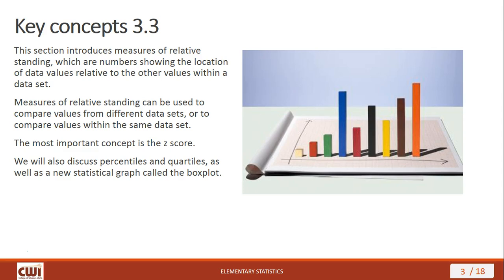Measures of relative standing can be used to compare values from different data sets or values within the same data set. And the most important of these is the Z-score, as we'll get into momentarily. There are other measures of relative standing, percentiles, quartiles, and those come together to form what's called a box plot, which we'll get into later. But first, let's dive into talking about the Z-score.